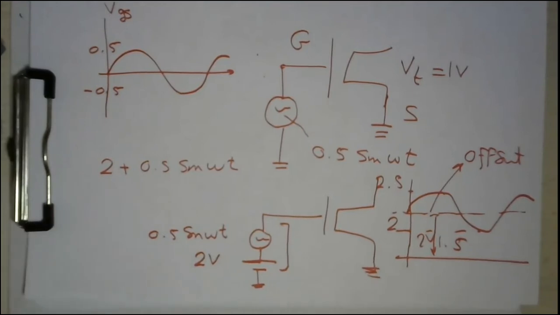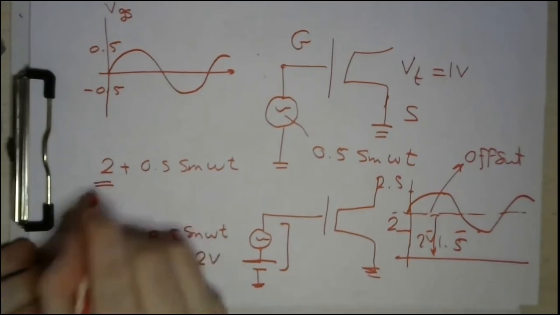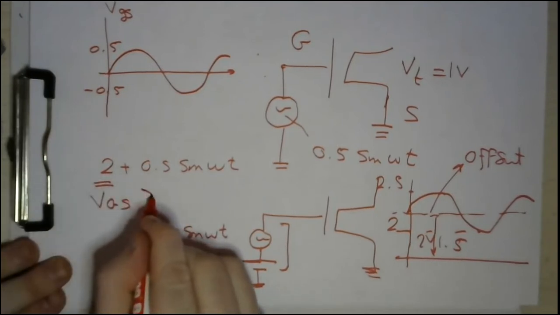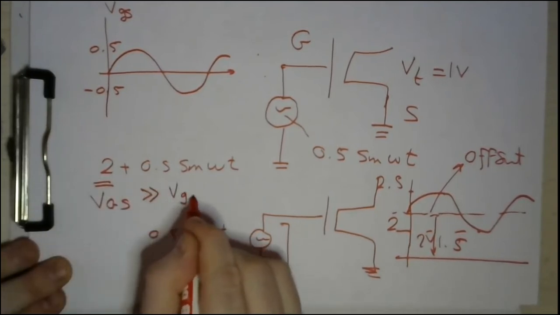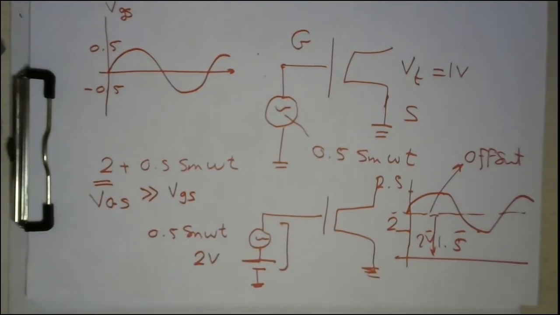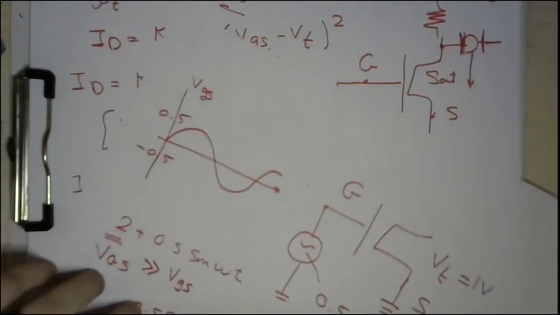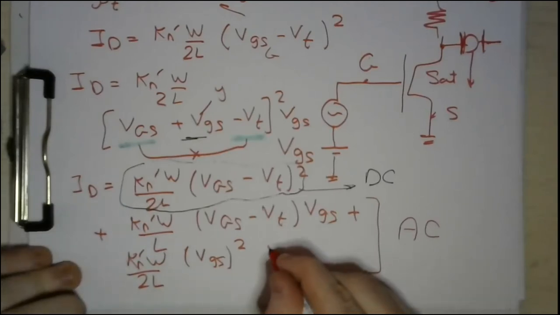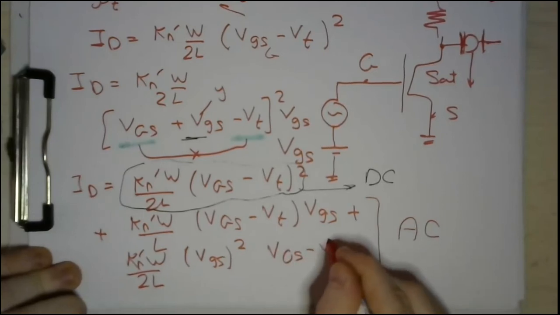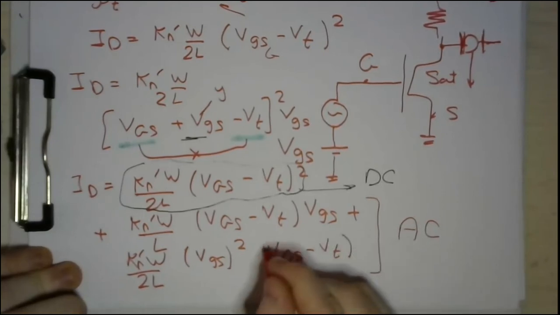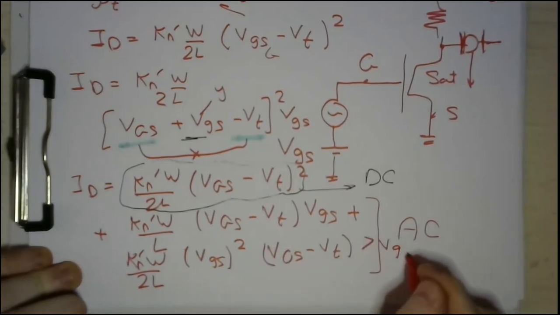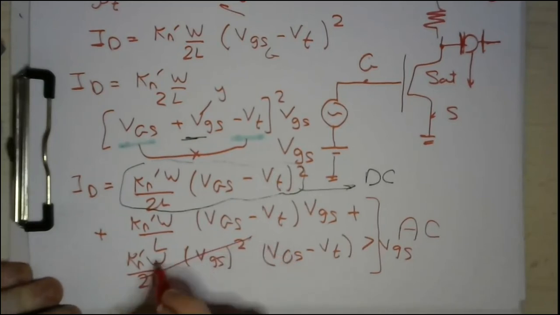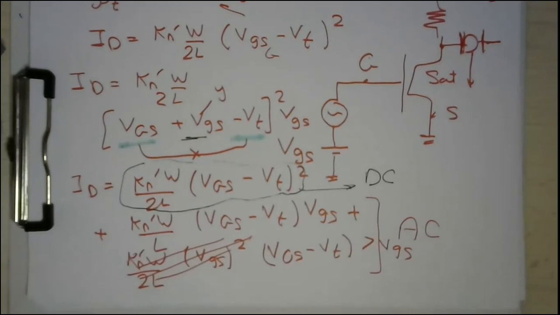It is somehow standard that the DC voltage VGS will be much greater than V small gs. Accordingly, in this equation, you can say that V capital GS minus V threshold is much greater than V small gs, which means that you can neglect this term with respect to this term.